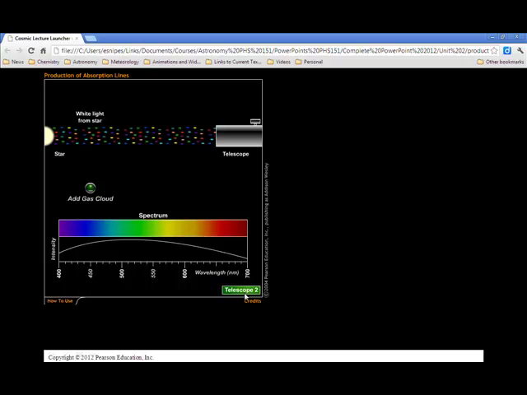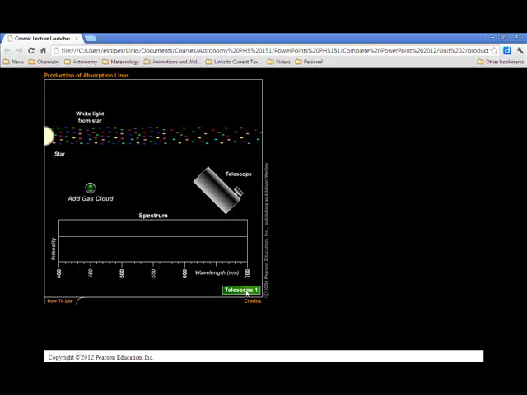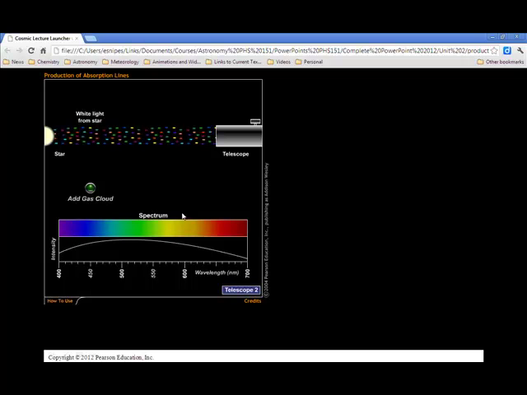Now what if we put our telescope not in line of sight of the star? I know that's odd to think because stars shine in all directions, but let's say we are somehow out of the loop of white light coming from that star. You can see that telescope has nothing down here. Let me go back to telescope 2.